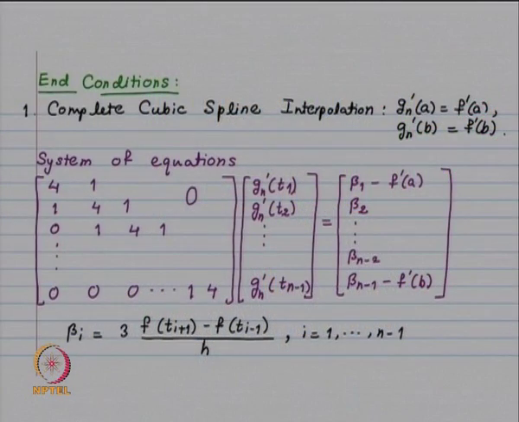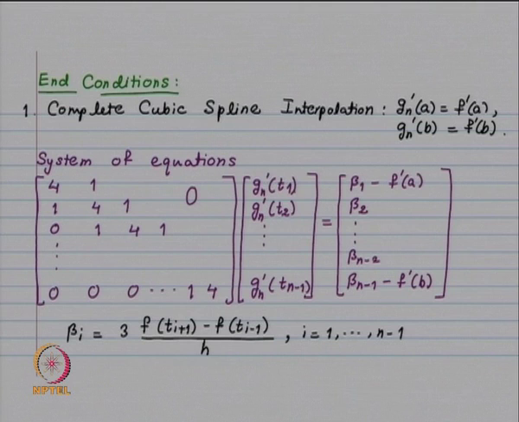Now, suppose your function values are known at T 0, T 1, up to T n, and only at the two endpoints we know the derivative of the function. Then in that case, let g dash at T 0 be equal to f dash at a, and g dash at T n be equal to f dash at T n.